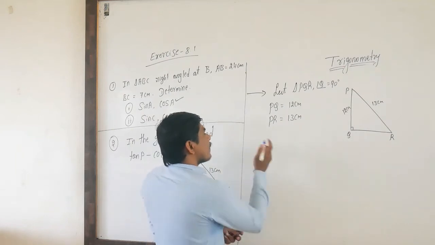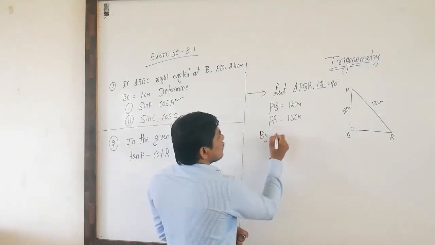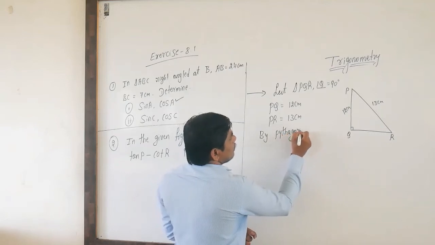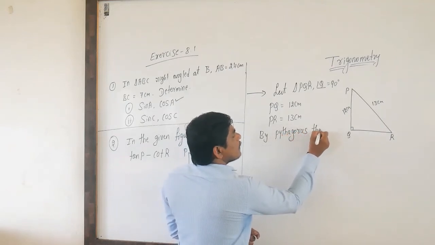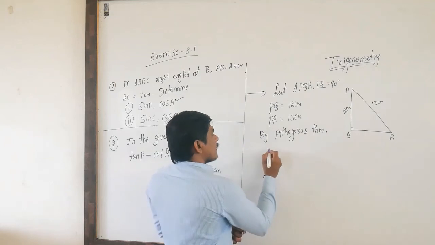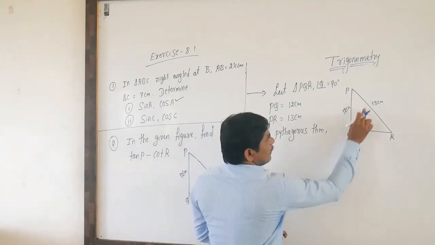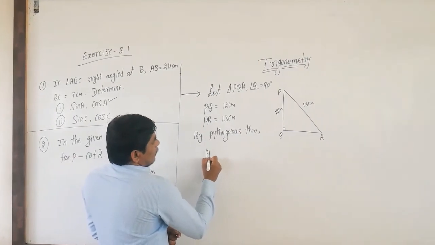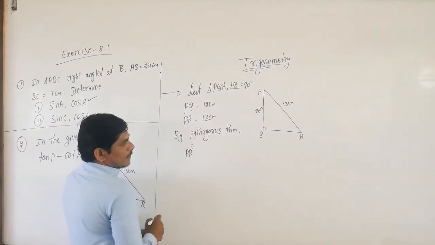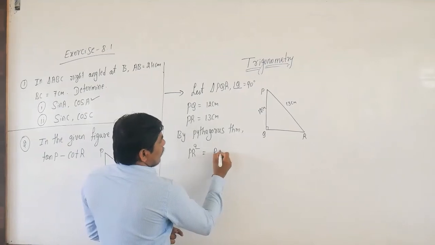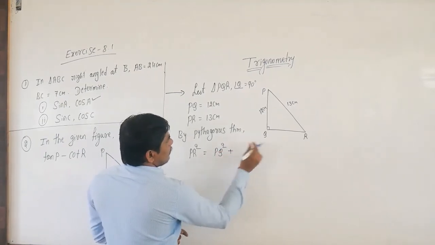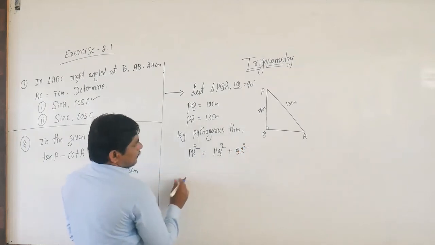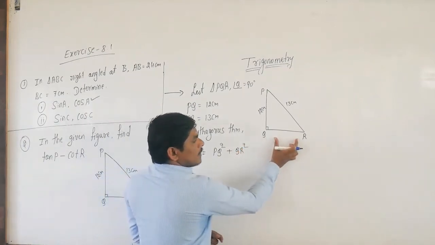Now, by Pythagoras theorem, the side opposite the 90 degree is the hypotenuse. Here PR square is equal to PQ square plus QR square. Now, but QR is unknown value.